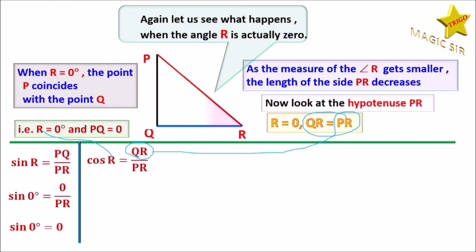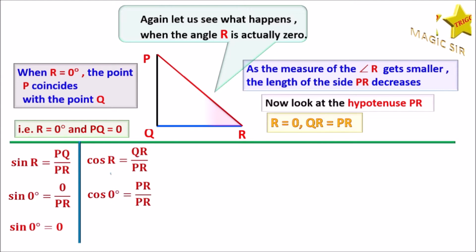So we put R equal to 0 degrees and QR equal to PR. So we have cos 0 degrees equal to PR upon PR. By simplifying, we get cos 0 degrees is equal to 1. Hence, we have the second value: cos 0 degrees is equal to 1.